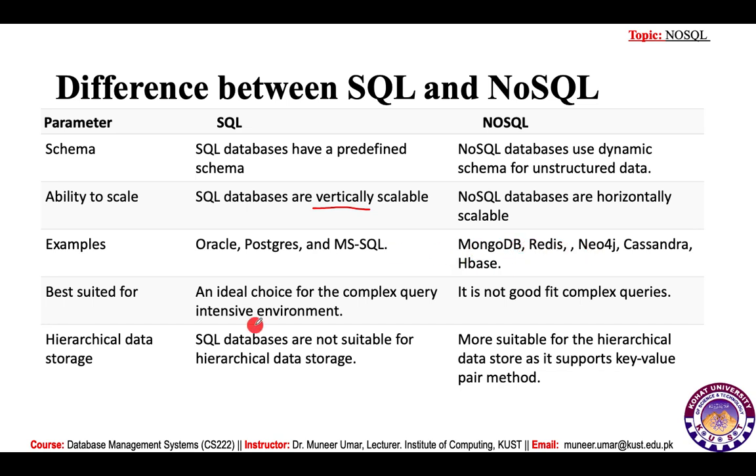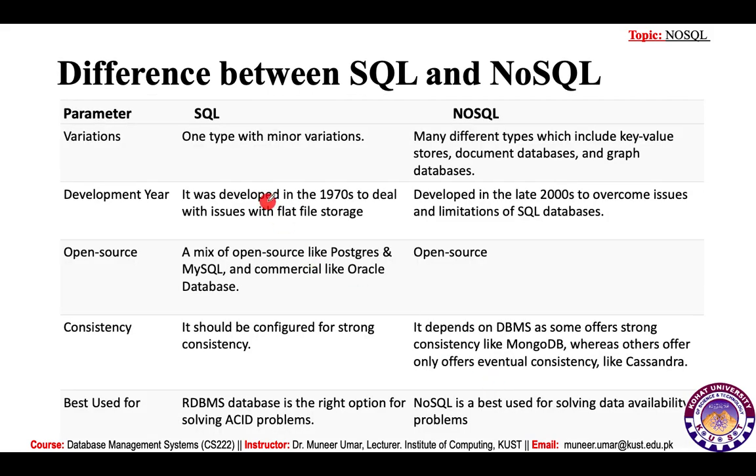SQL is good for complex query-intensive environments, and NoSQL doesn't fit complex queries. SQL is not suitable for hierarchical data storage, while NoSQL is more suitable for hierarchical data storage as it supports the key-value pair method. Then variation: you will find minor variations in SQL.